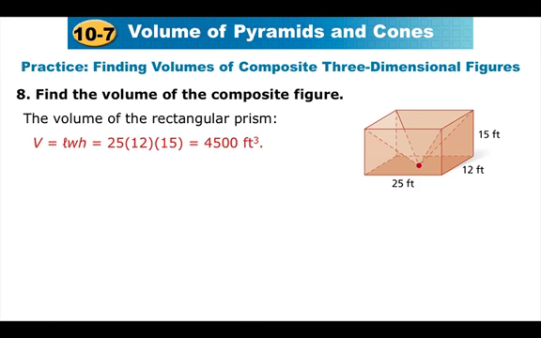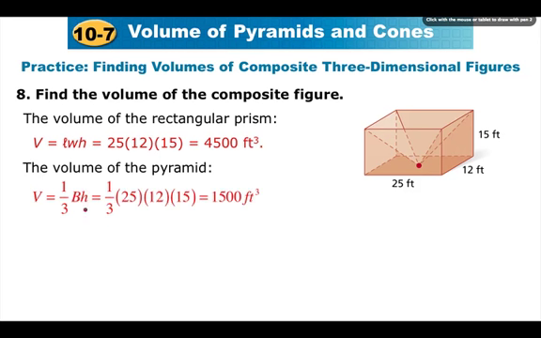Now we're going to find the volume of the pyramid, and basically it's the same idea as what you see here. I mean, you're going to be using the same dimensions, but now you're going to divide this by 3 or multiply by 1/3. That's why you see this, 1/3 in the same dimensions, and it's 1,500.